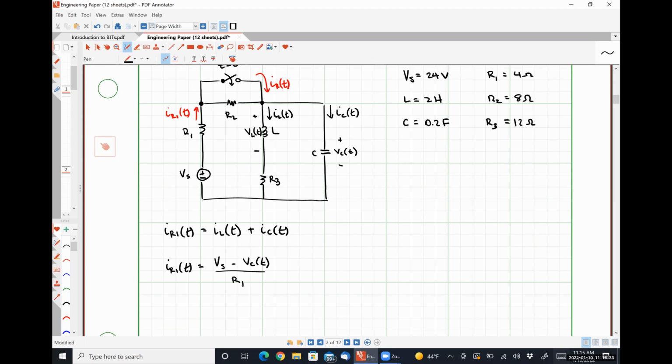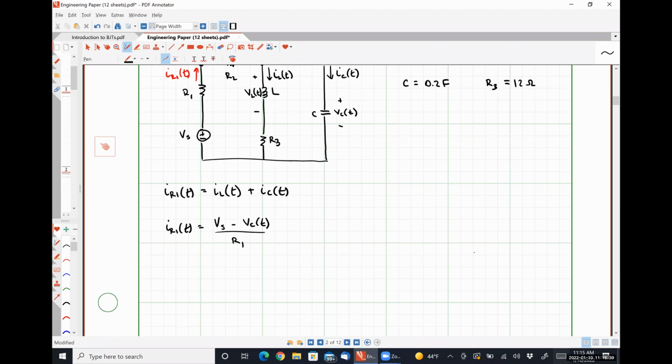So I can say, let's do one more thing here. Let's say that IC of t is C dV by dt, which we know has to be true for any capacitor.